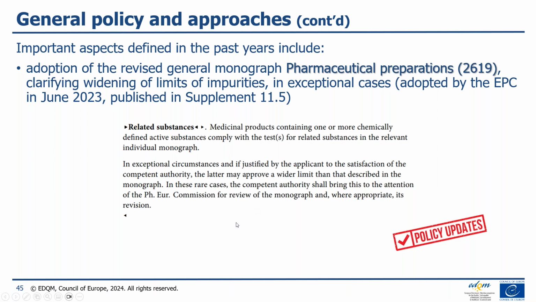So in exceptional circumstances and if justified by the applicant to the satisfaction of the competent authority, the latter may approve a wider limit than those described in the monograph. In this case, the competent authority shall bring this to the attention of the Commission to revise the monograph if needed.